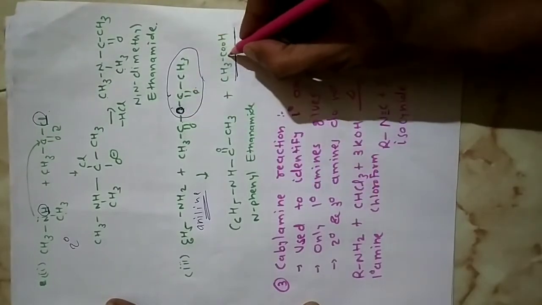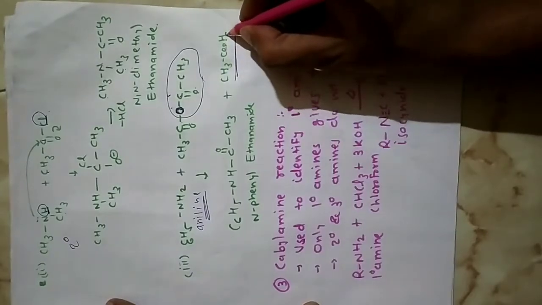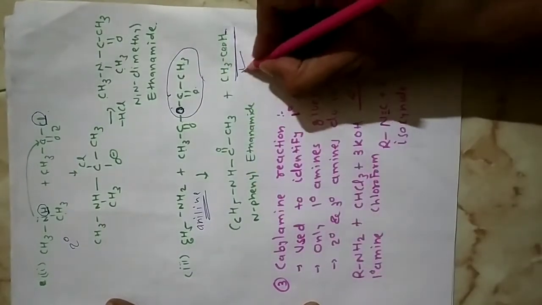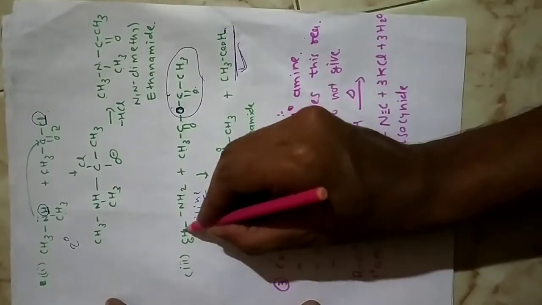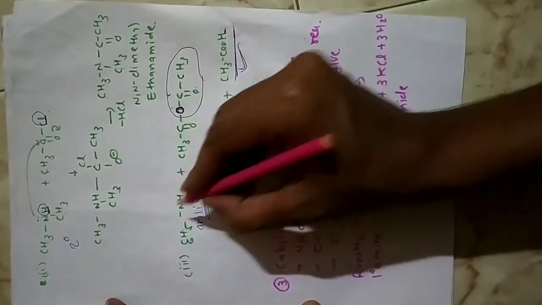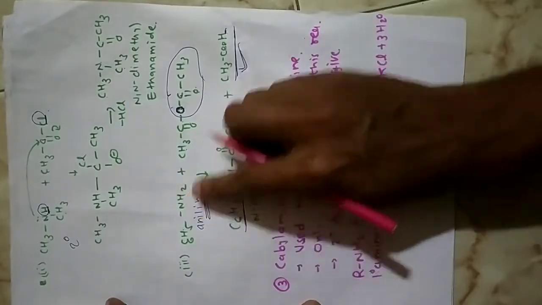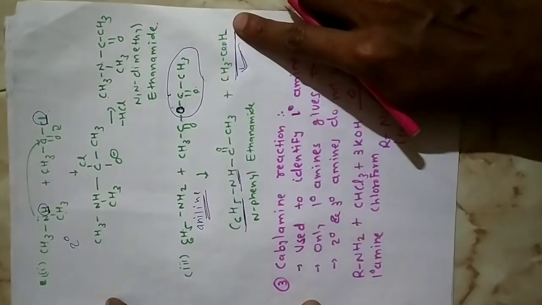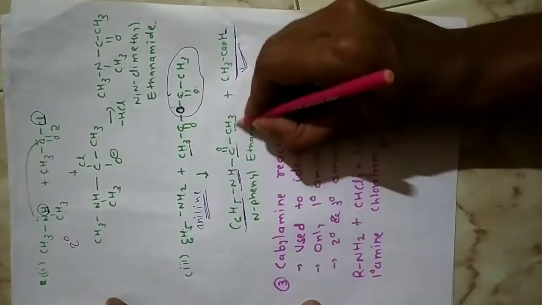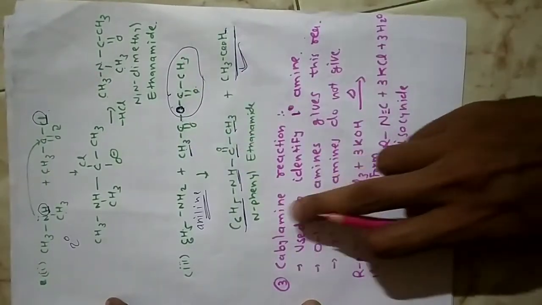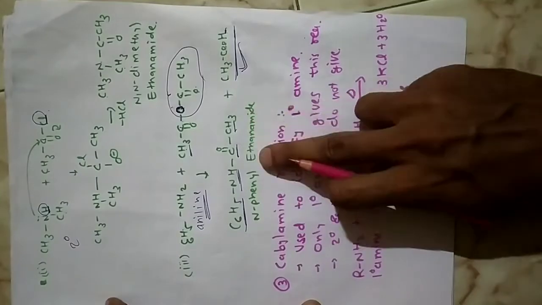CH3COO, then hydrogen, so it is our acetic acid. The remaining part you have to connect, C6H5, then NH, hydrogen is lost now, then CO, CH3. The name of this product is N-phenyl ethanamide.